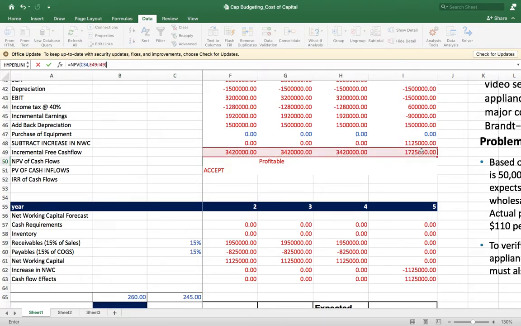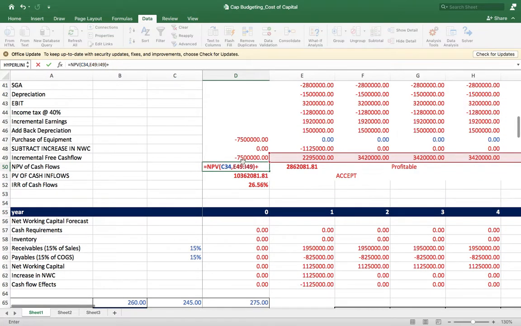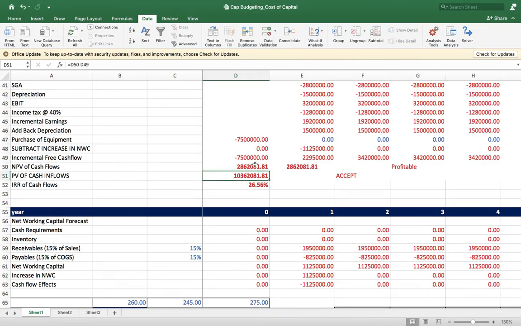Bracket close, plus initial cash outflow. Initial cash outflow is 7.5 million. So 2.862 million will be the NPV.